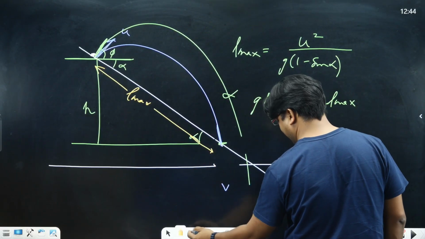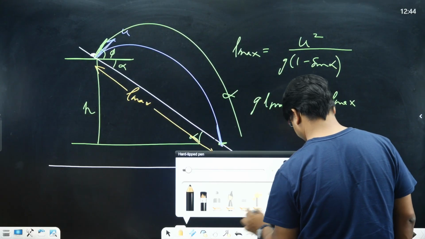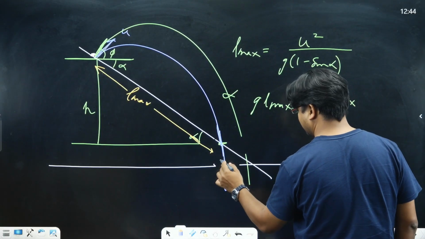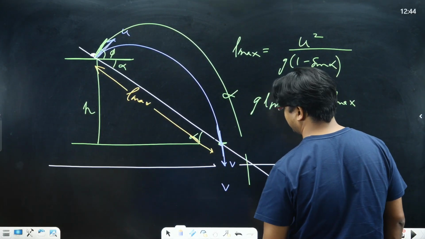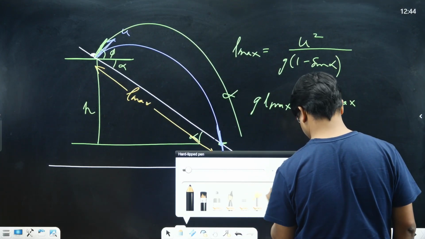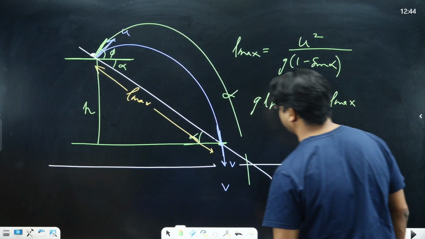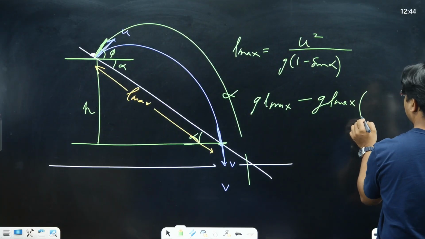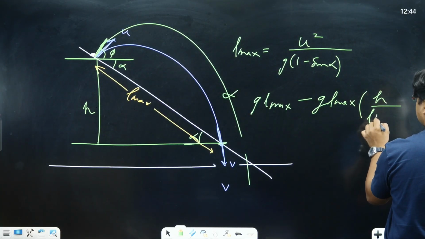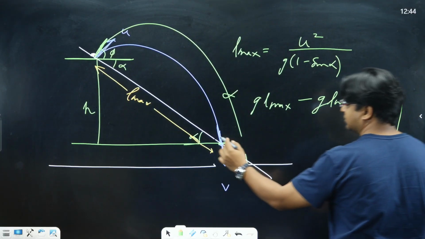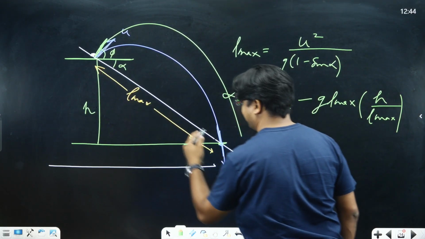Now the particle landed here, so sin alpha can be written as h by L max. See this, sin alpha is perpendicular upon hypotenuse.